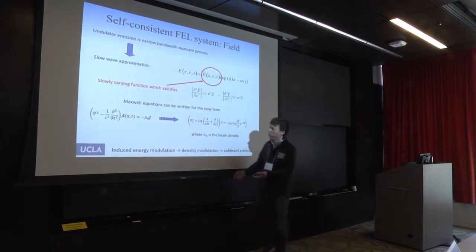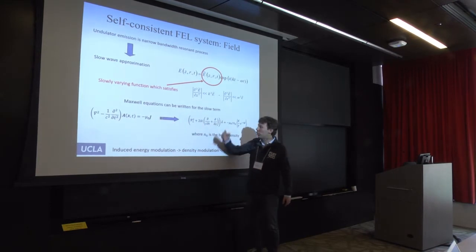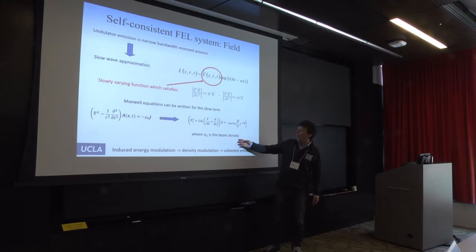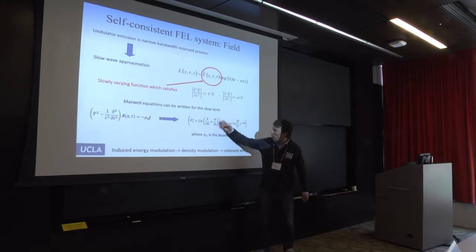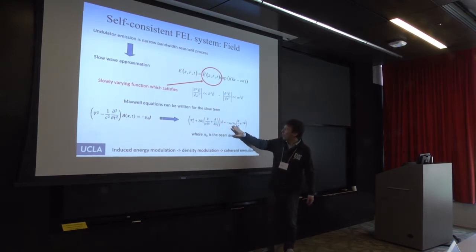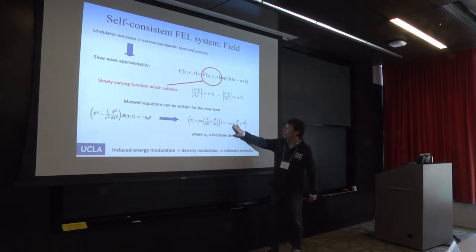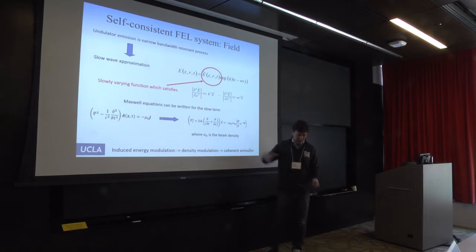You can write then the Maxwell equation for the vector potential, simplified thanks to this slowly varying approximation, and you'll see that the way the radiation evolves will depend on the current, which is proportional to the beam density. If you make the spot size smaller, this is going to be better.